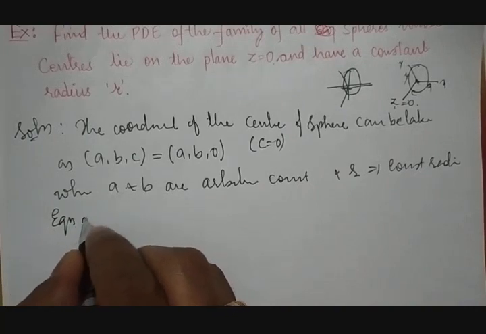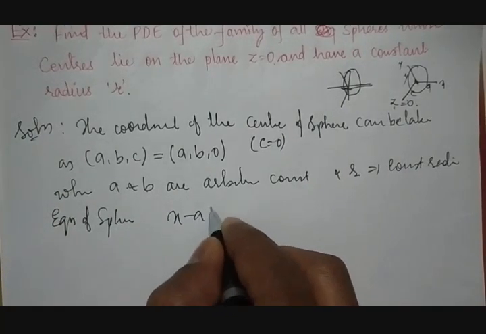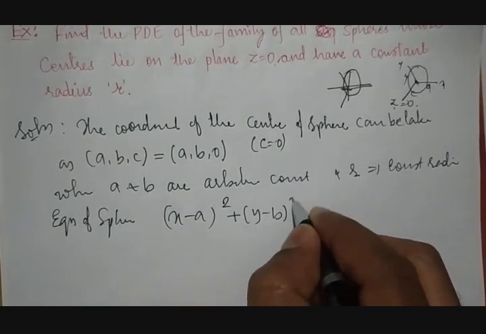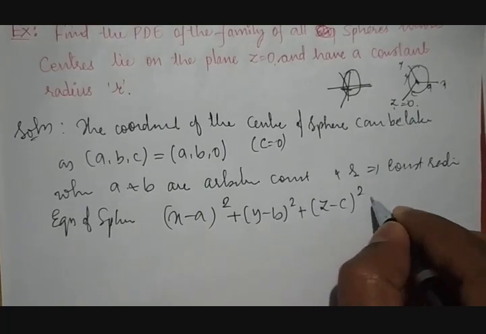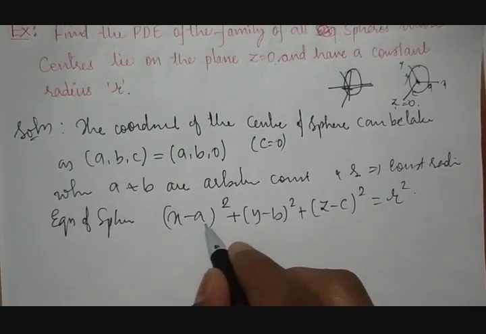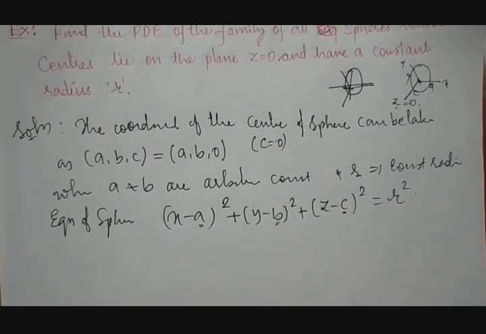Then what is the equation of a sphere? We all know the equation of a sphere is x minus a whole square plus y minus b whole square plus z minus c whole square is equal to r square. But a and b are arbitrary constants and c will be 0.